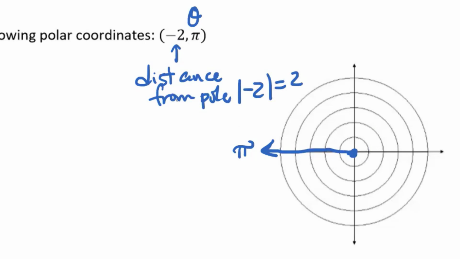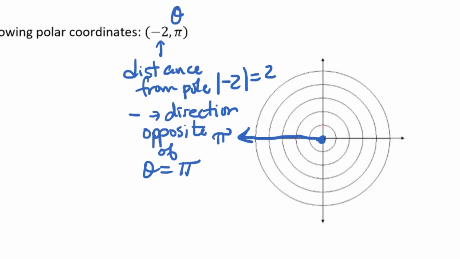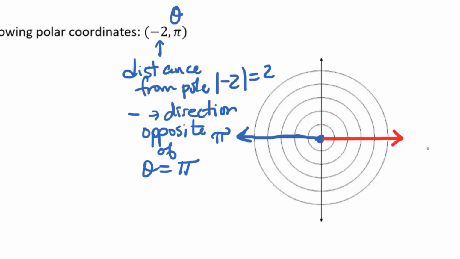What the negative represents is a direction. That is the opposite of the angle pi. If pi is headed directly to the left, then we're actually going to look directly to the right. This would be the opposite direction, but still a distance of 2 from the pole. So our point is going to lie here. We're going out to the second circle, and this is the point (-2, pi).